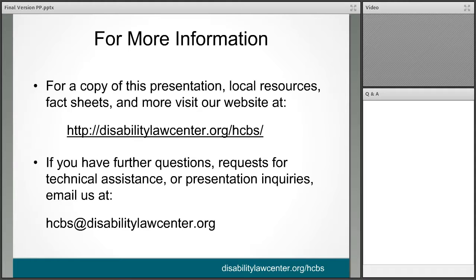If a setting fell into heightened scrutiny and was presumed not to be home and community based, and then couldn't demonstrate that it actually was compliant, then yes, that setting would not be able to serve waiver clients.